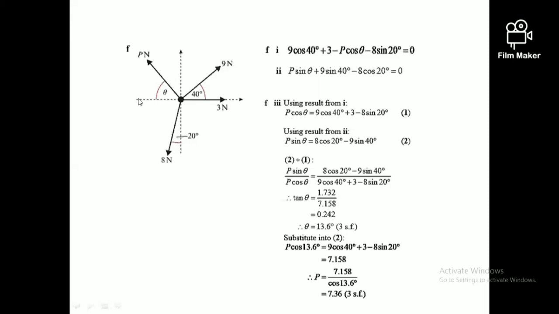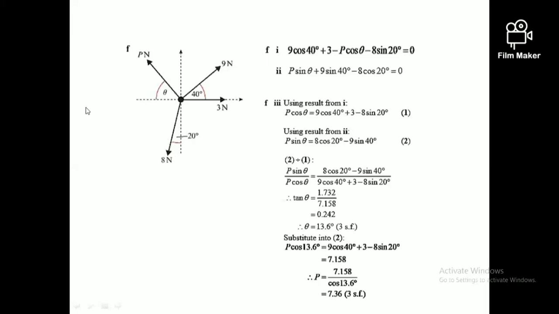If I repeat again, 3 no need of considering components. 9 cos 40 towards right, 9 sin 40 upwards. P cos theta towards left, P sin theta upwards. 8 cos 20 downwards, 8 sin 20 towards left.